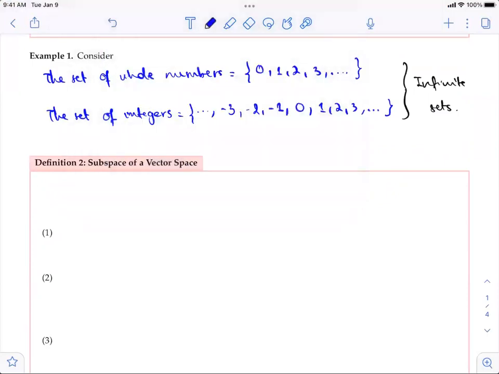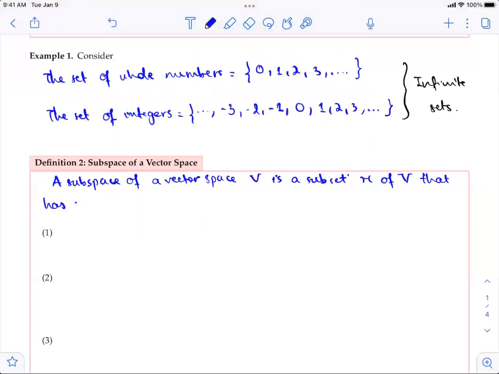A subspace of a vector space V is a subset, which I call H, of V that has the following three properties.